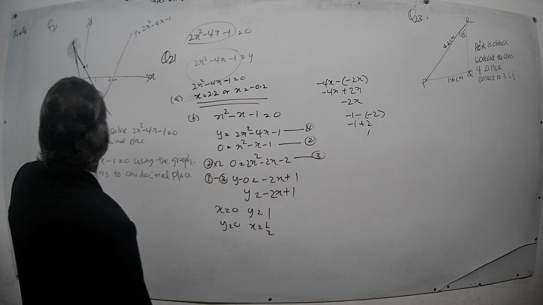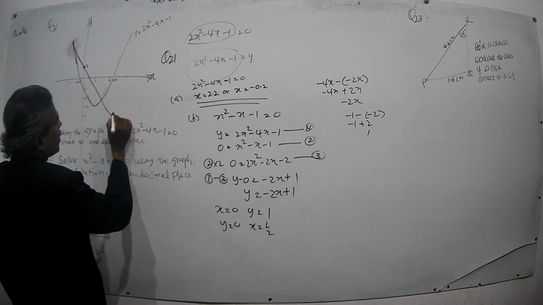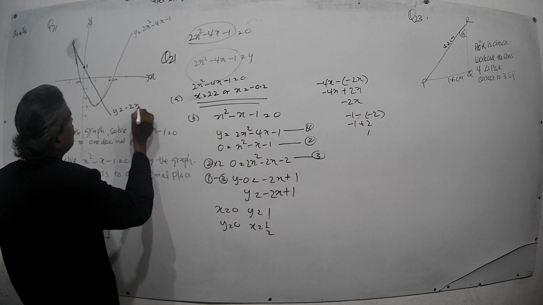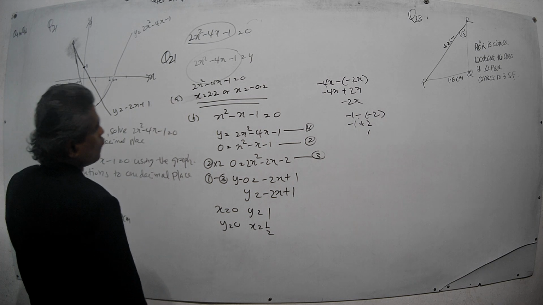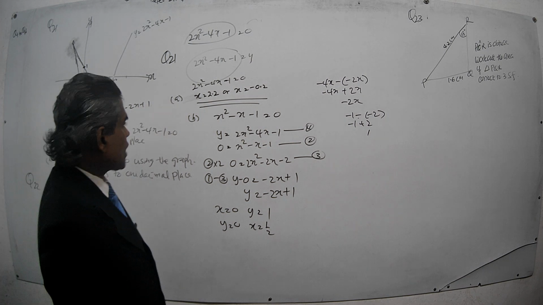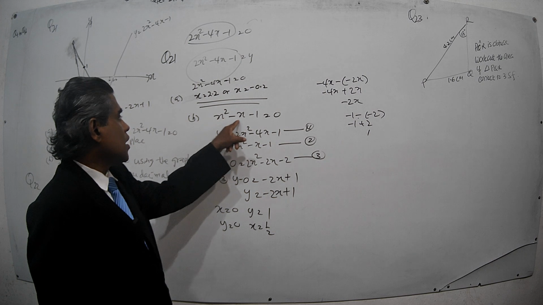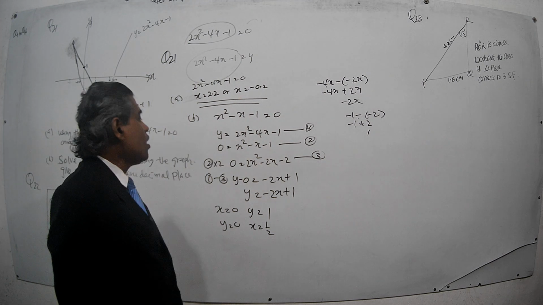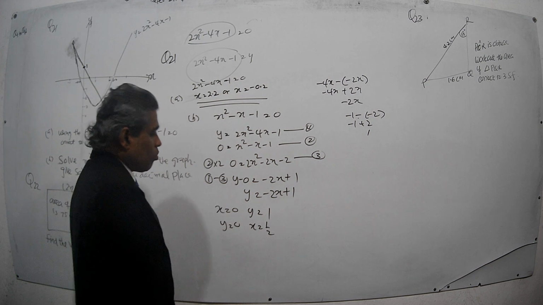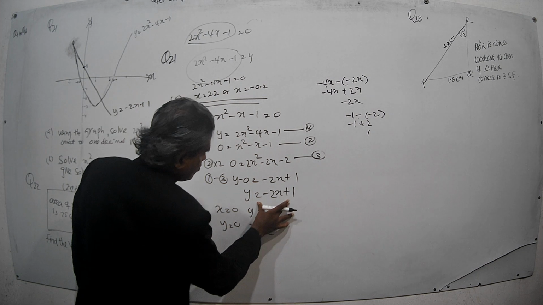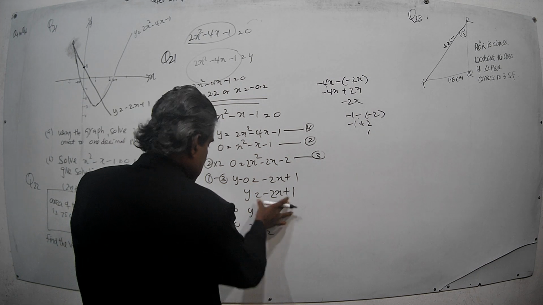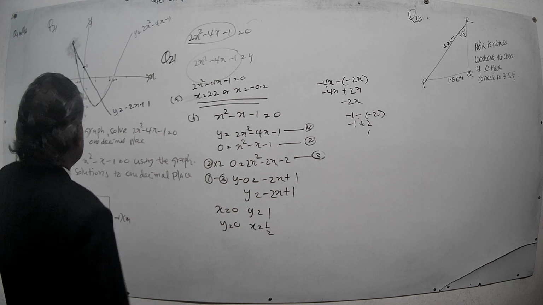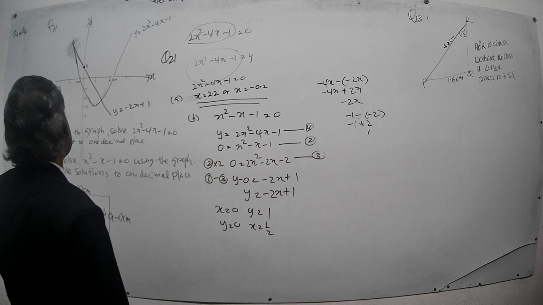Then this is the line y equals minus 2x plus 1. First of all, we deduct the equation to be solved from the graph equation and obtain a straight line graph equation, and you draw that straight line graph across this quadratic graph.